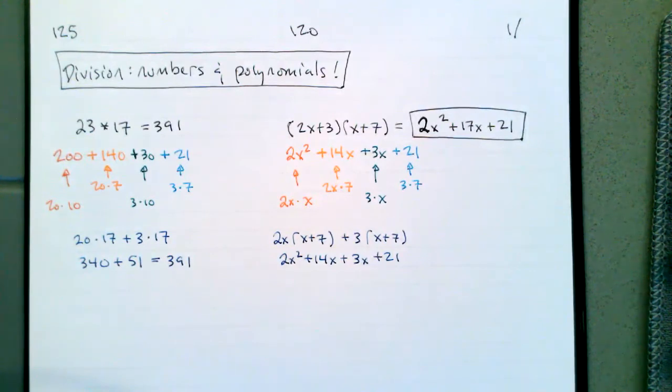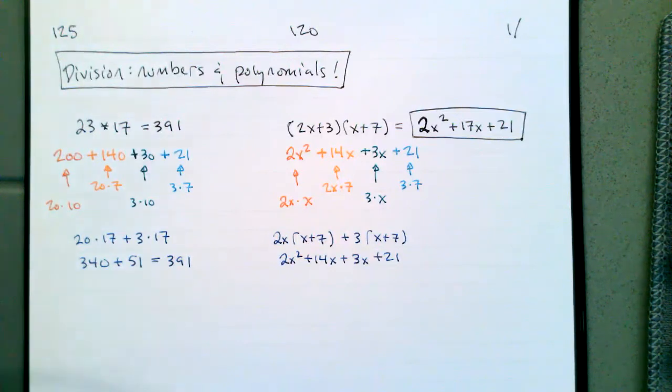We want to think about multiplication as being the same operation with numbers and with polynomials, because that's why we call it multiplication, because it's the same operation. We also want to recognize how division is connected to multiplication.